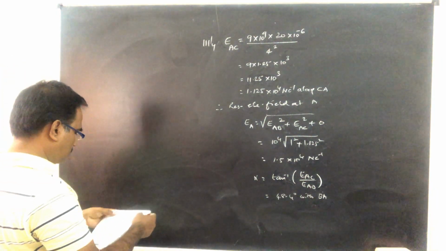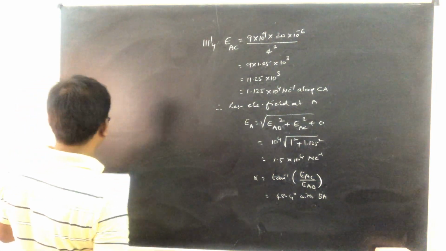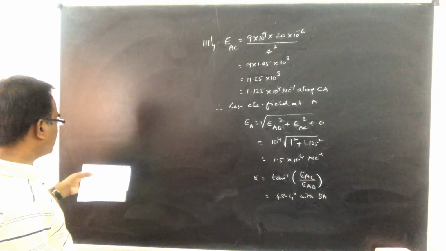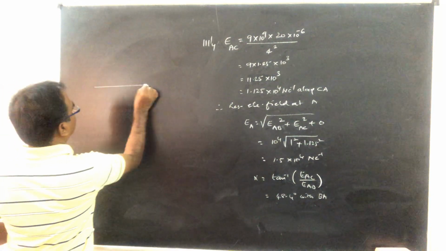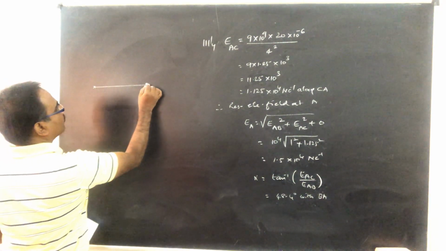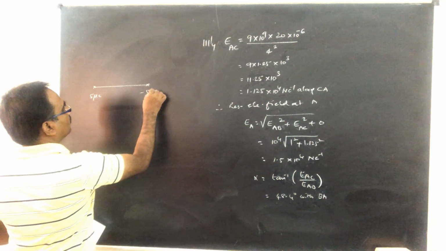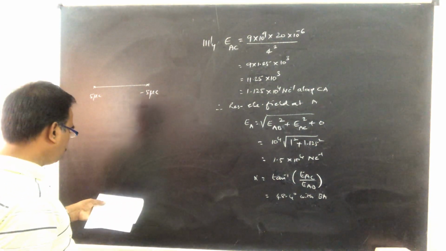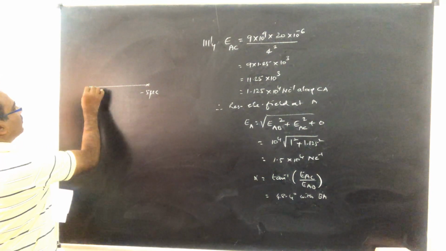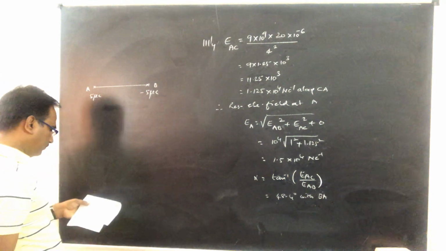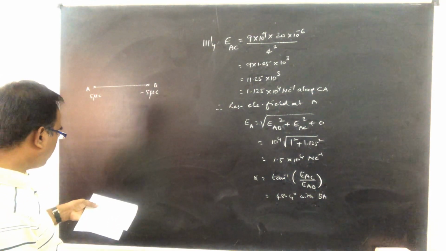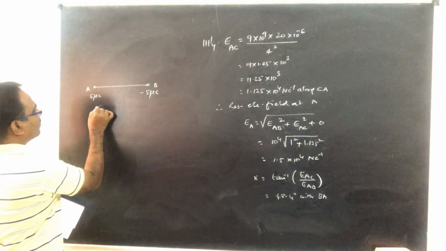Two charges, 5 microcoulomb and minus 5 microcoulomb, are placed at points A and B. So this is 5 microcoulomb, this is minus 5 microcoulomb, they are placed at A and B, which are separated by a distance of 0.06 meter.